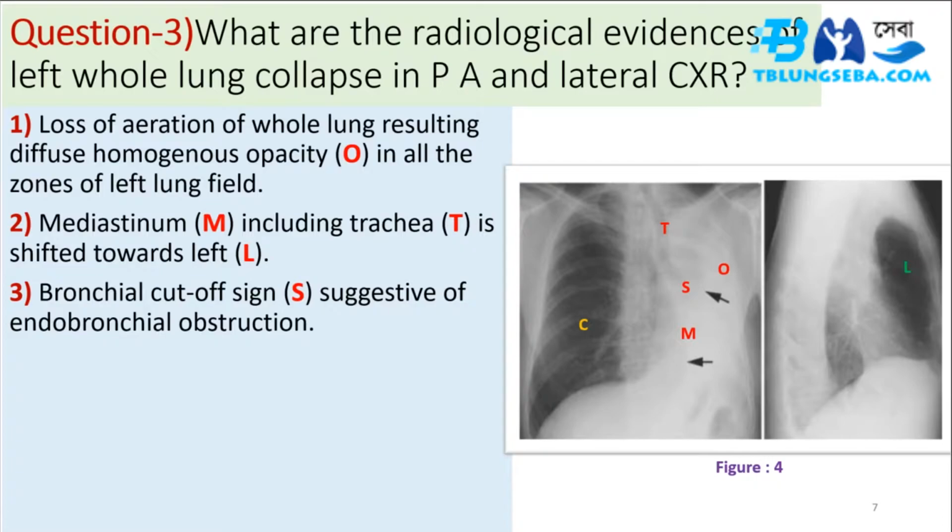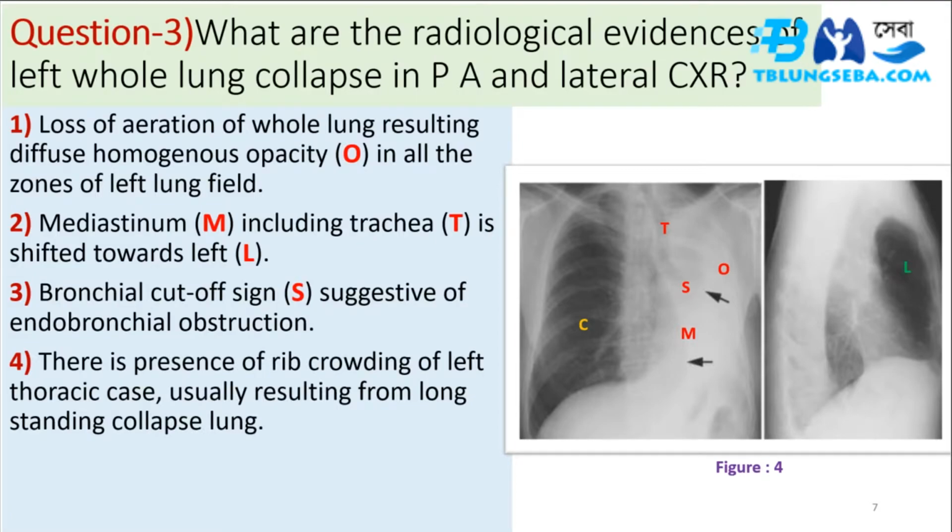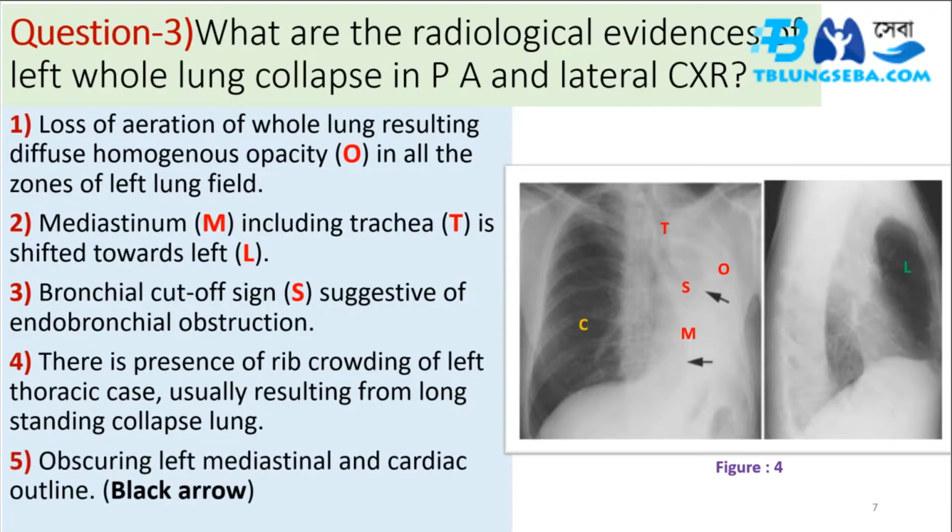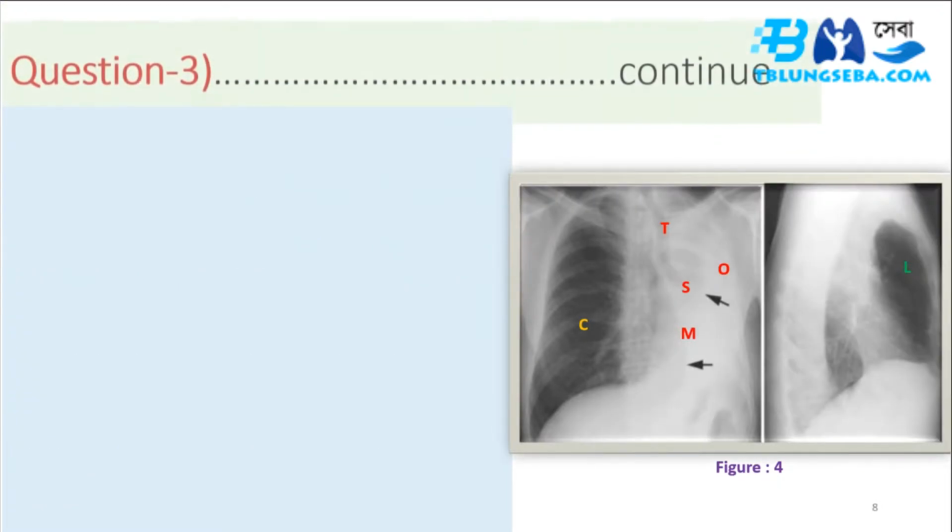Bronchial cutoff sign, S, suggestive of endobronchial obstruction. 4. Rib crowding of the left thoracic cage, usually resulting from long-standing collapsed lung. 5. Obscuring of the left mediastinal and cardiac outline. Black arrow.